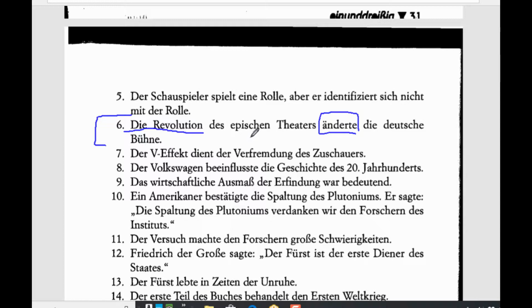Because it is a masculine singular, but it has des, and it also picks up the S at the end of Theaters. Perfect. That's how you identify it: with a des for a masculine and neuter, and then the S tacked onto that noun. And we do this with parentheses identifying the genitive cases. Okay. How about number 8?